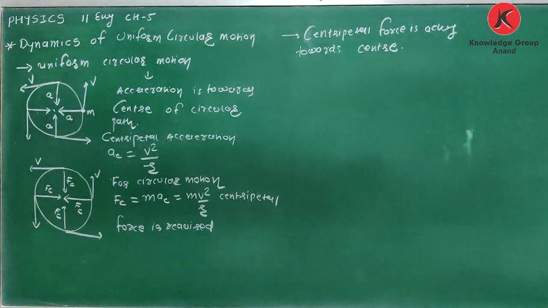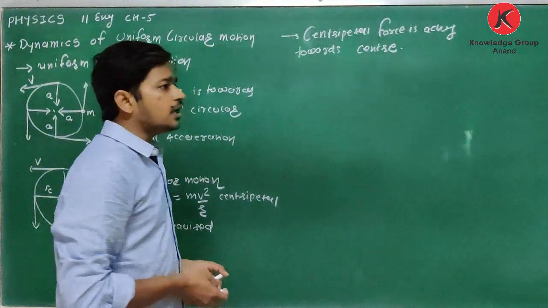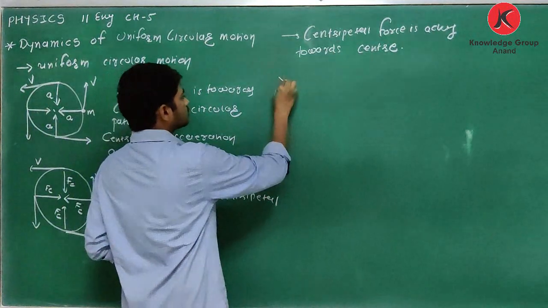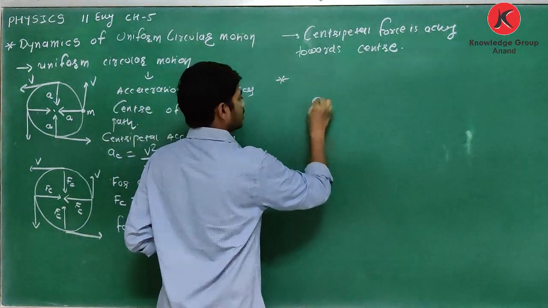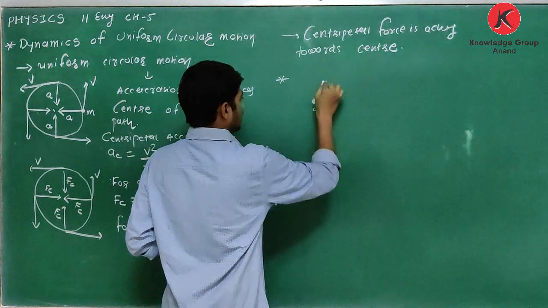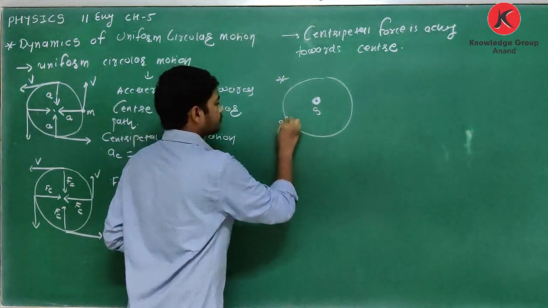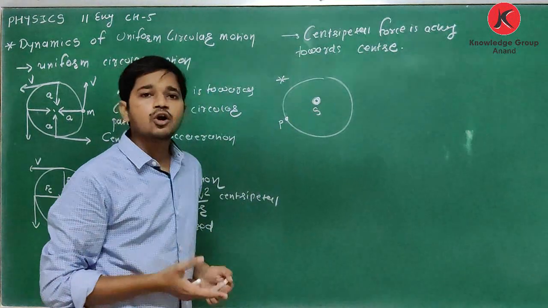For example, you know the motion of a planet around the sun. We know that planets are revolving around the sun in a circular orbit.